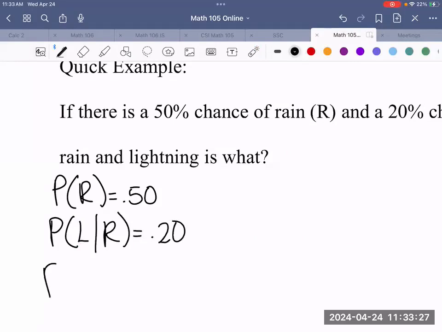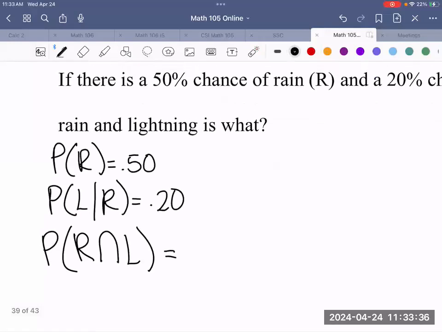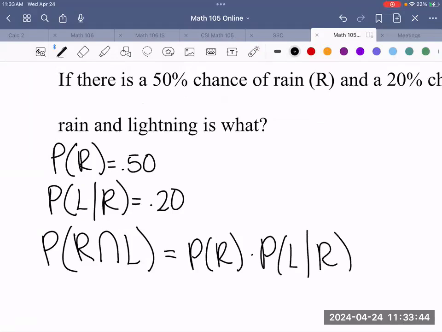And we want to know, well, what's the probability that it's raining and lightning together. We said in this case, we're just going to multiply the probability that it's raining times the probability that it's lightning, given that it's already raining. So there's rain and then some lightning occurs as that results.